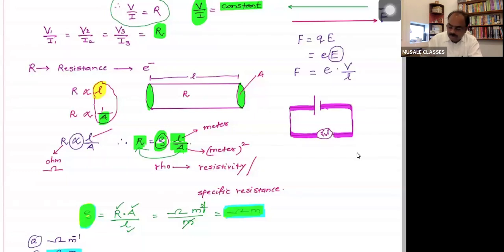Electrons जे direction आहे ते negative terminal पासून, smaller terminal is negative, bigger is positive. तर electrons ही अशी move करतात. Electrons will be moving like this.